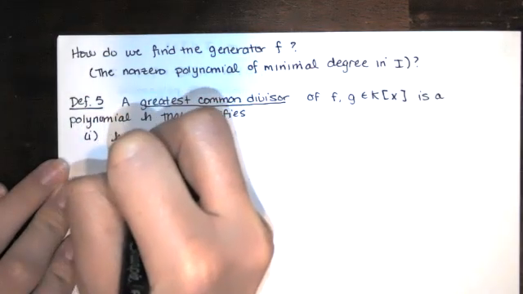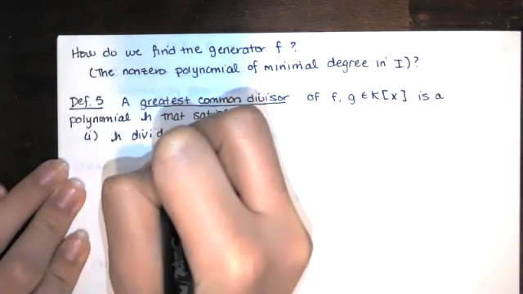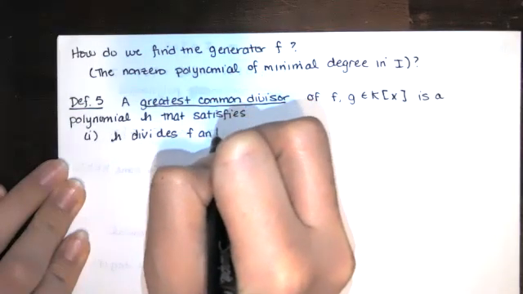First of all, h divides g and f, or f and g if you prefer to go alphabetical.